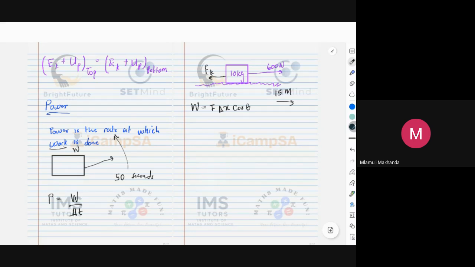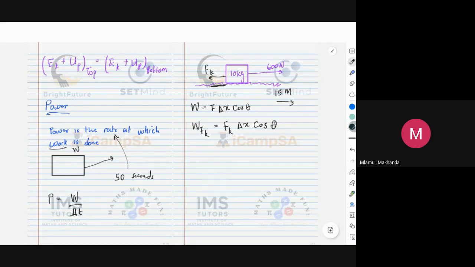Okay. So in this case, we're going to have work done by frictional force, which is equal to frictional force times the displacement cos theta. Theta is the angle between this surface here and this force. And the angle between them is 0. Right?